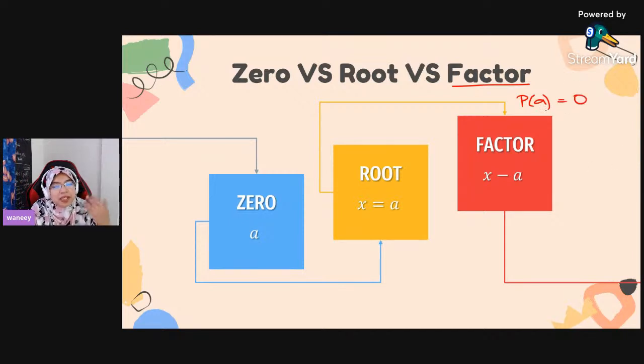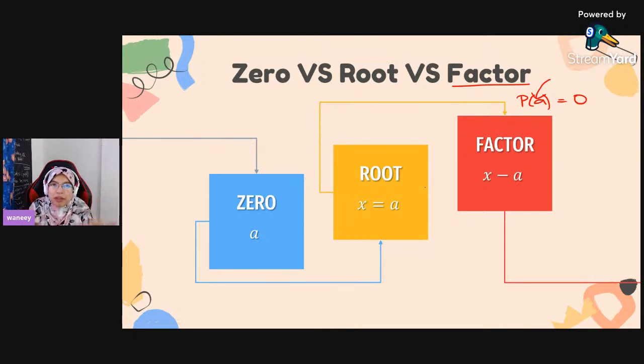So if we simply substitute the value of a inside the polynomial and then we get a 0, then we're going to say that x minus a is a factor of our polynomial. So what are the roots? If x minus a is the factor, then x equal to a is the root. What about the 0? The 0 is simply the value of a. So a will be the 0. So those are the differences between them.